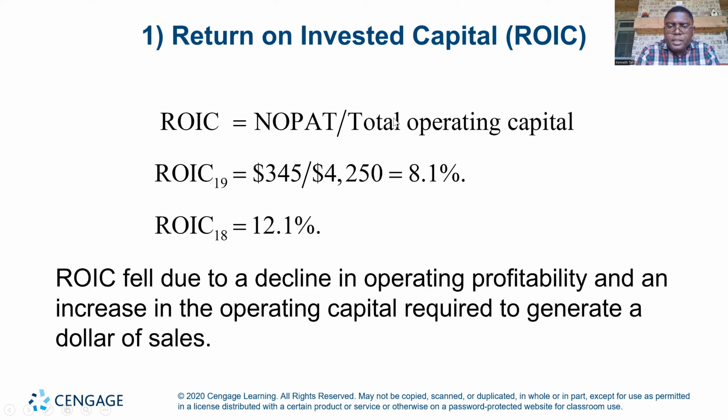Again, we have all of this when we're calculating free cash flow. So for 2019, the return on invested capital is 8.1. For 2018, the return on invested capital is 12.1. So what we find is that return on invested capital falls.